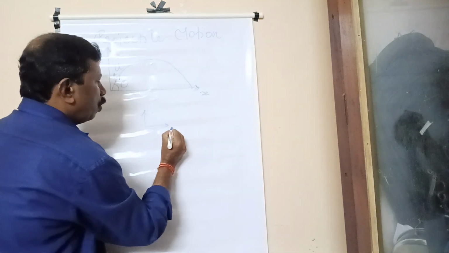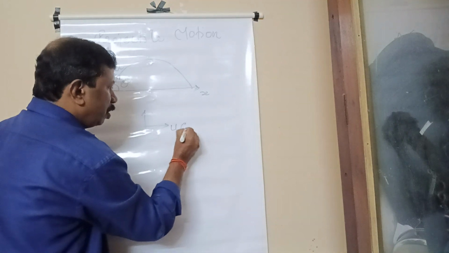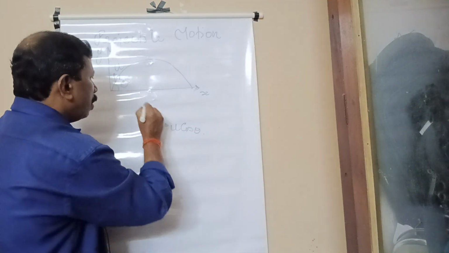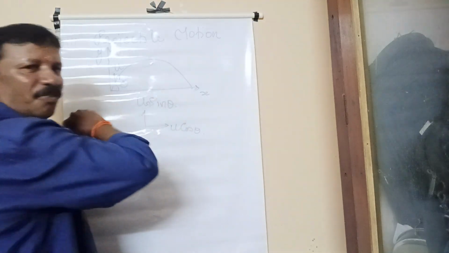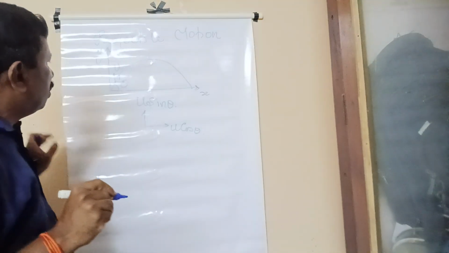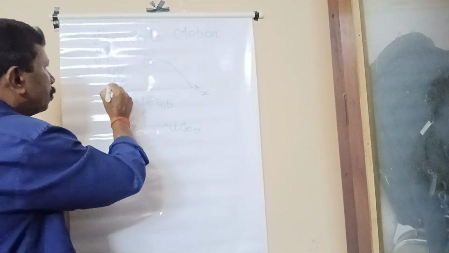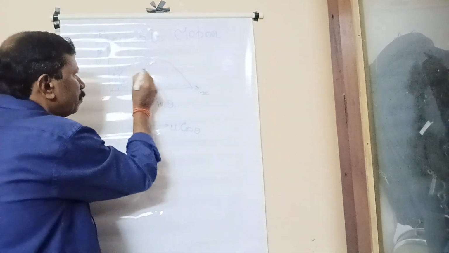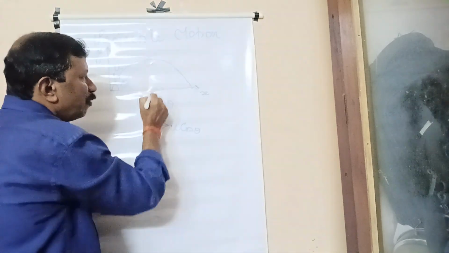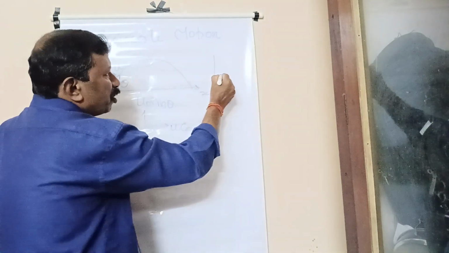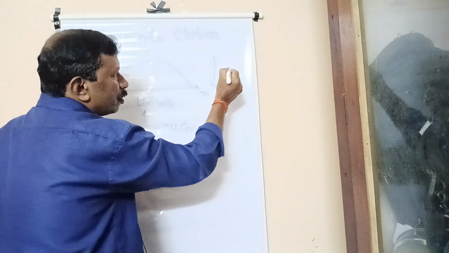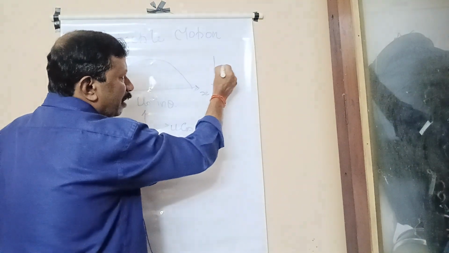It can be resolved into u cos theta in the horizontal direction and u sin theta in the vertical direction. It is under the influence of acceleration due to gravity. Acceleration due to gravity is downward, so we take it as negative.